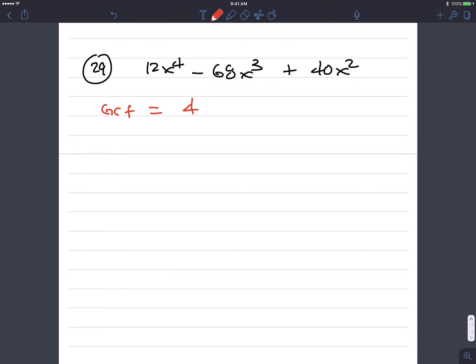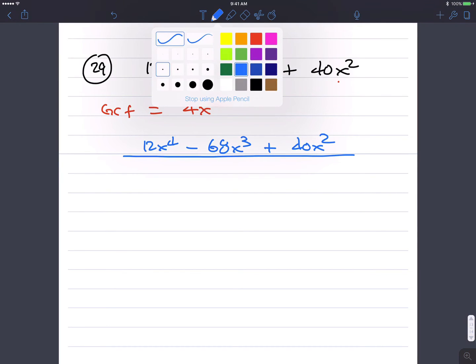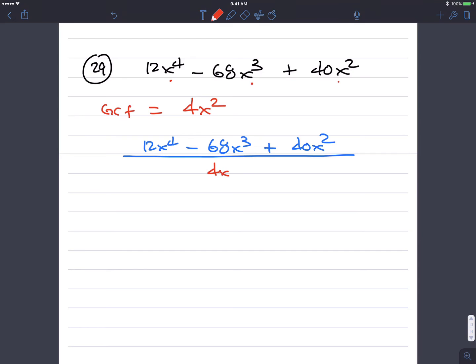Okay. What about for the variables? X to the fourth, x cubed, x squared. X squared. Okay. So let's find the quotient. So I have x to the fourth minus 68x cubed plus 40x squared divided by 4x squared.